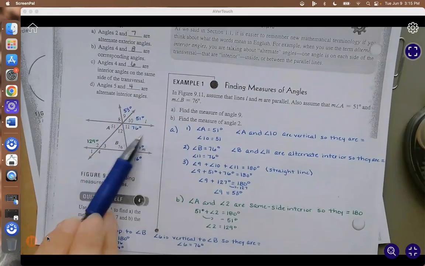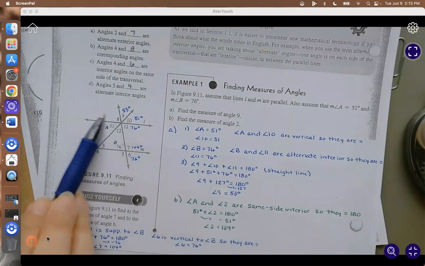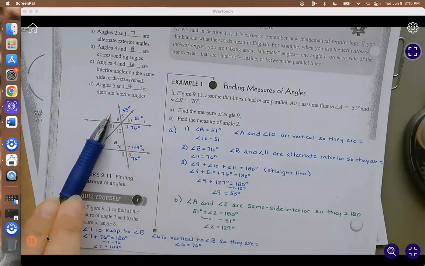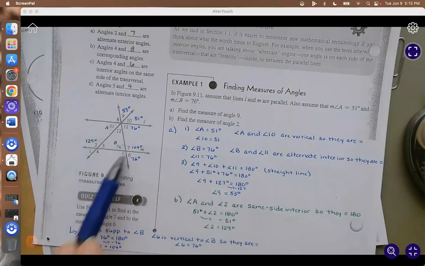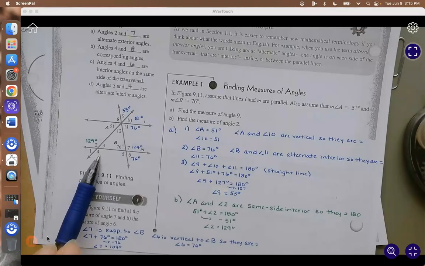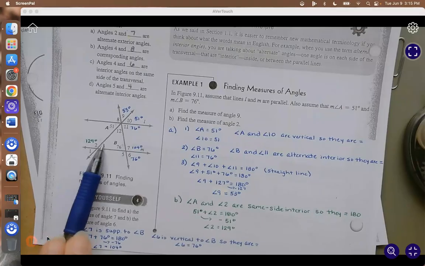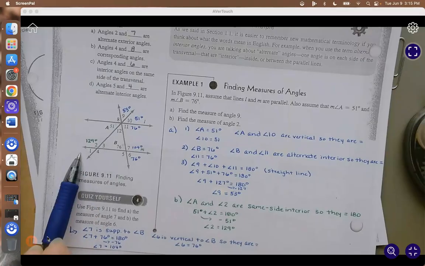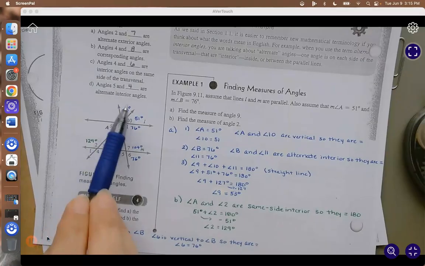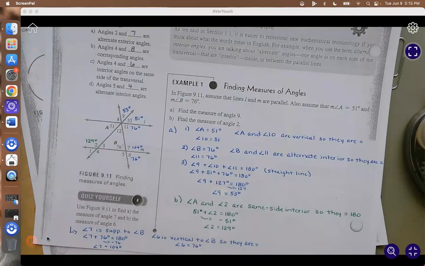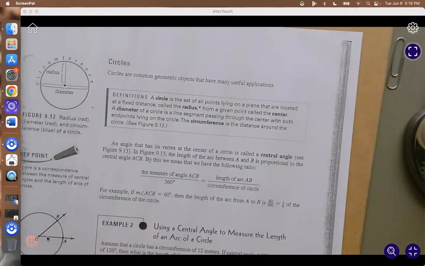Okay, so also 8 is 76 degrees, so we can find that easy. 7 is going to be 104. 4 is going to be 129. Then we could do our supplementary angle thing to find 3, and it would be equal to 1. 9 is 53, so 12 is 53. Do you see how you're just finding the pieces? Okay. All right.